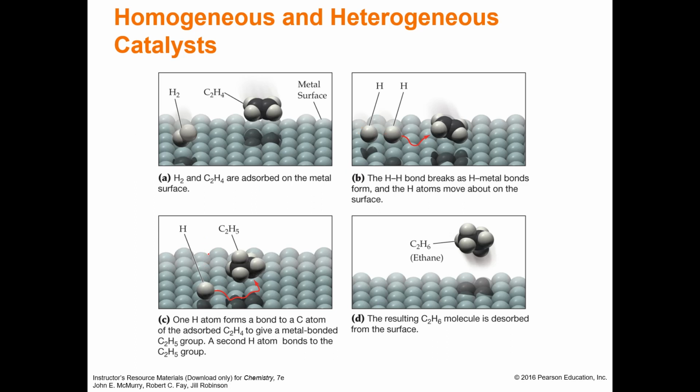And then once we break those hydrogen bonds, then that can react with the C2H4, and we eventually get C2H6 as our product. So our reactants are in the gaseous state. Our catalyst is a metal surface that's in the solid state. So this would be an example of a heterogeneous catalyst.